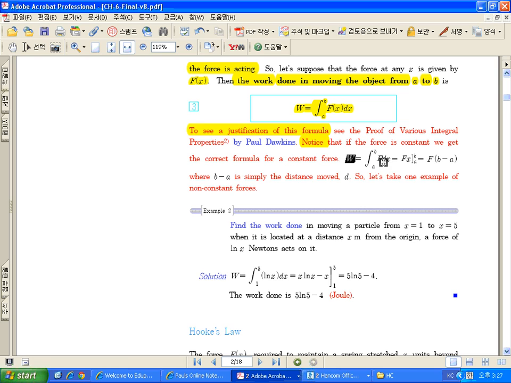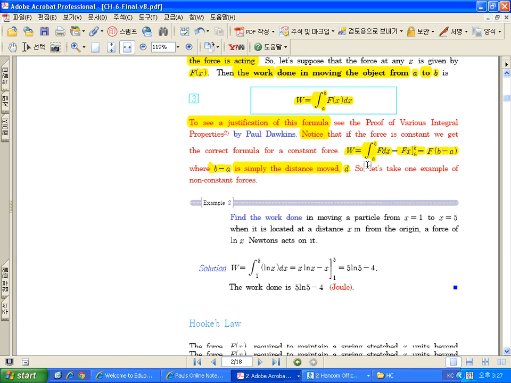If f is constant, then the integral from a to b of f dx can be written this way, f times b minus f times a, which is f times (b minus a), where b minus a is simply the distance moved d. So it's just W is equal to Fd. So the earlier case is a special case of this general case.